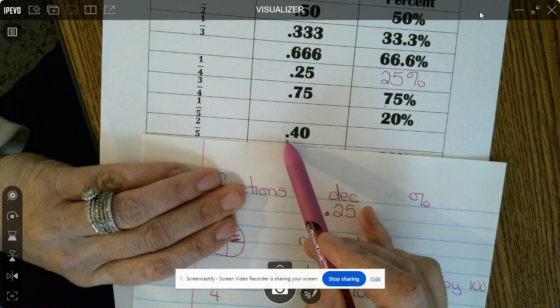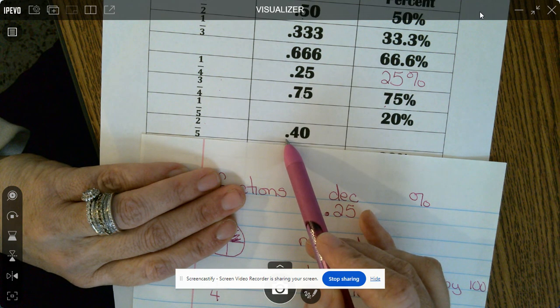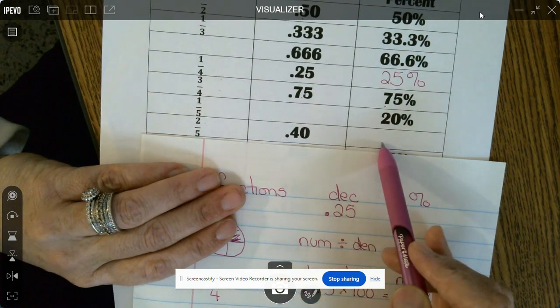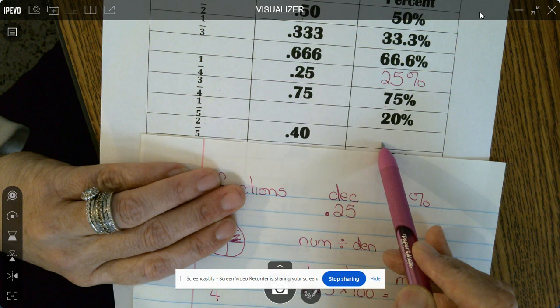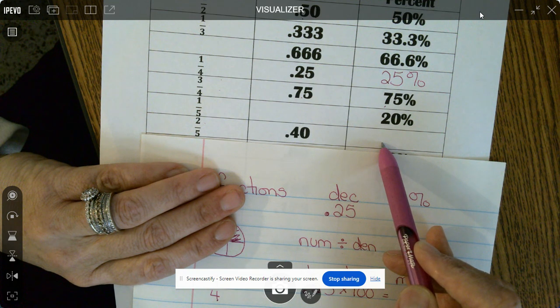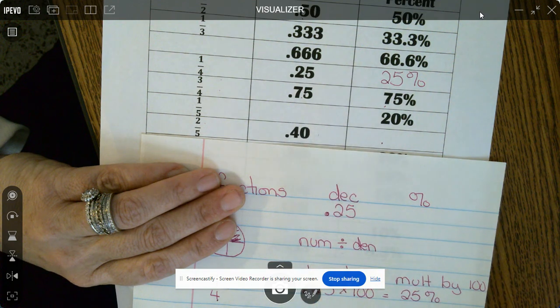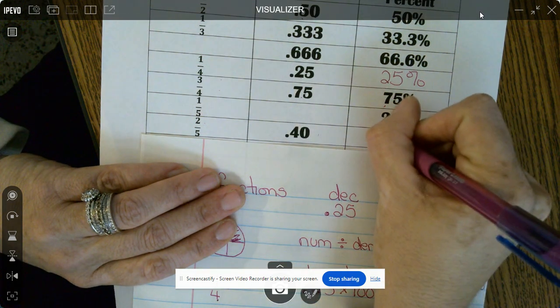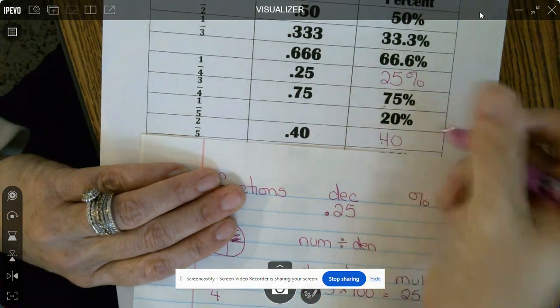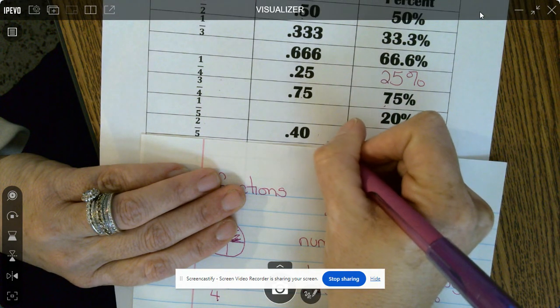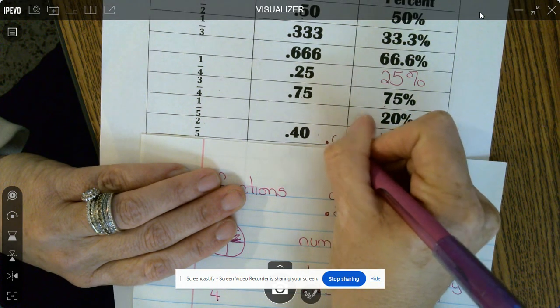You guys have a decimal of 0.40. Now go ahead and tell me what the percentage is. And what'd you guys get for your percentage? 40%. You guys look at this and see that it's 40%. Now my question is, what would happen if I were to say 0.04?